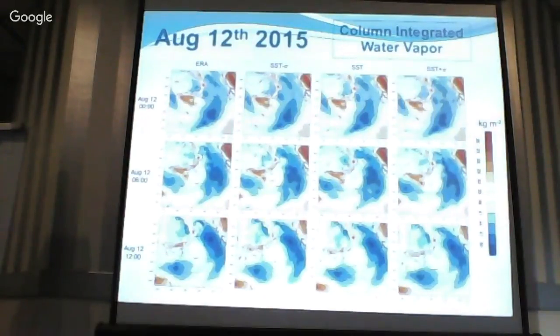And you can see that we have some more water in the air with the SST plus standard deviation, but the timing is more or less the same. There is no speed up of the process forced, for example, by warmer sea surface temperature.